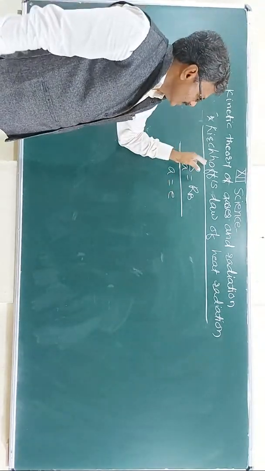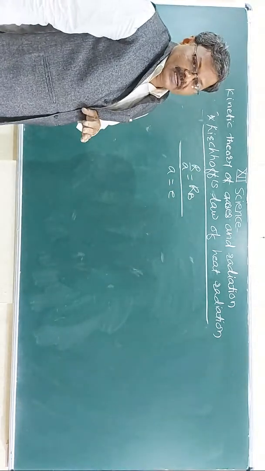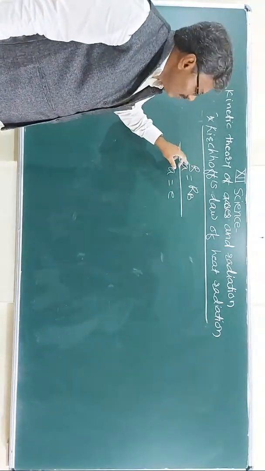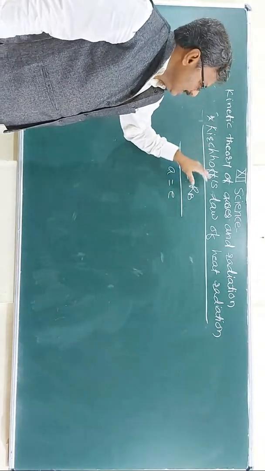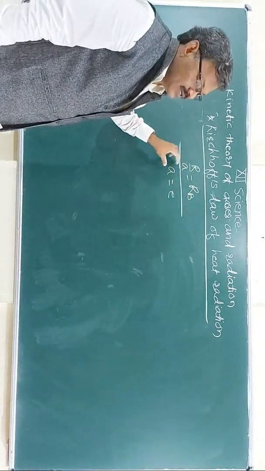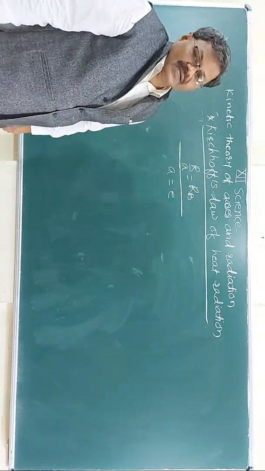That is, the coefficient of absorption of a body is equal to its coefficient of emission. This is also Kirchhoff's law of heat radiation. Just remember that R upon A is equal to RB, or A is equal to E. These are the equations for Kirchhoff's law of heat radiation.